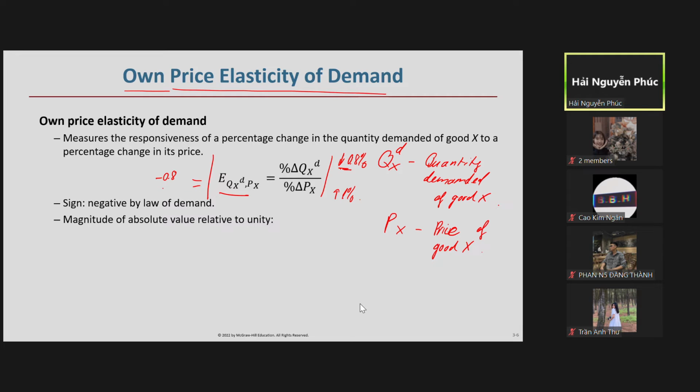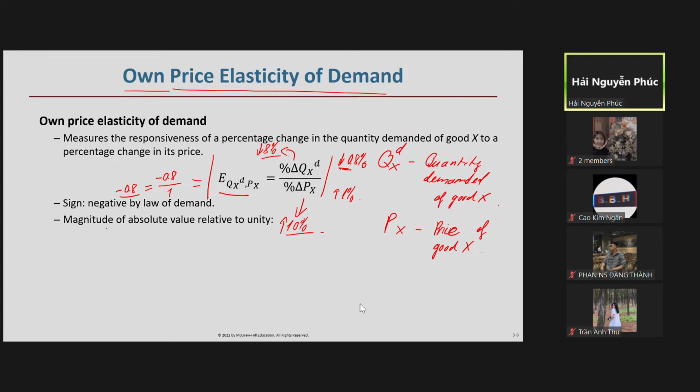Divided by 1, so it is equal to minus 0.8. The meaning, once again, is that if the price of good X increases by 1%, then the quantity demanded will decrease by 0.8%. So if the price of good X increases by, let's say, 10%, then the quantity demanded for good X will decrease by 8%.